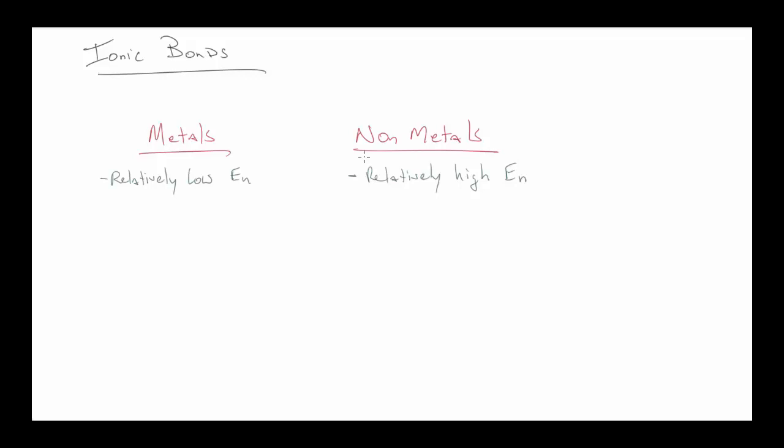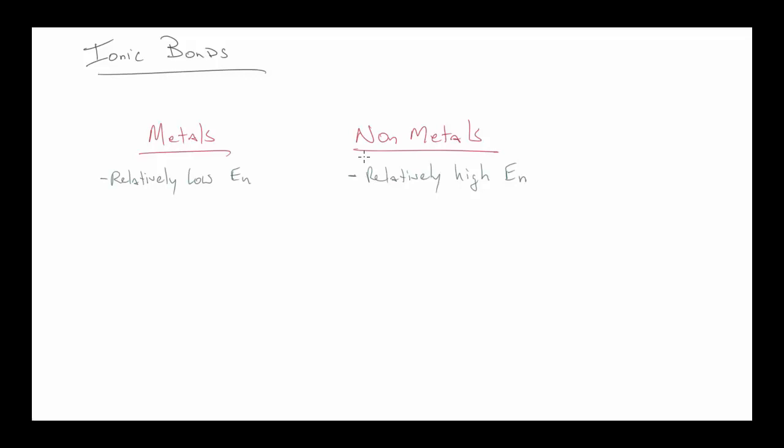We mentioned before that as these elements approach each other, the one with the relatively low electronegativity value will lose electrons, and the element with the relatively high electronegativity value will gain those electrons. Think back to your periodic table: electronegativity is based on those Coulombic attractive forces within an atom.